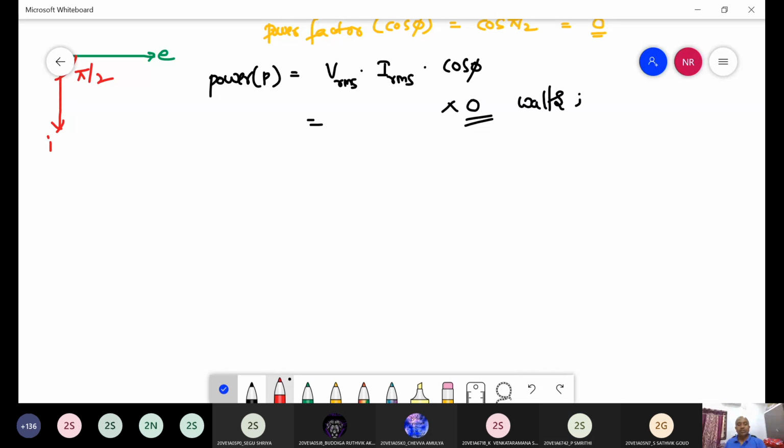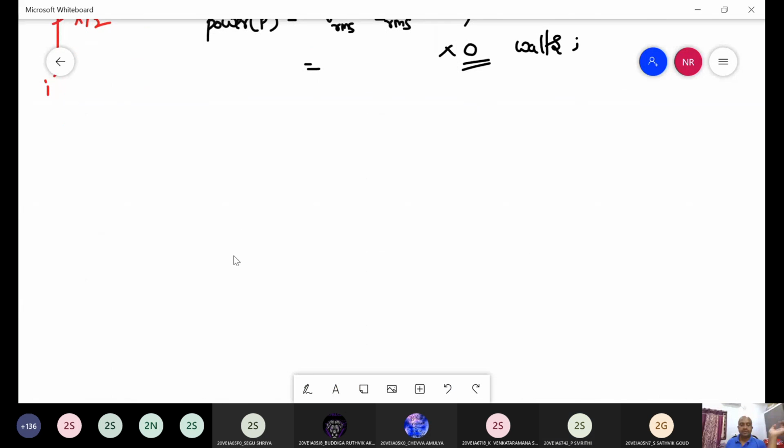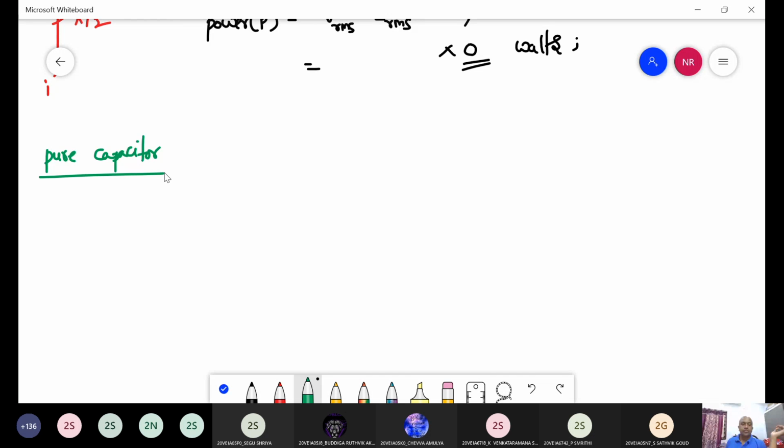So then next one is the pure capacitor. Yes. So in pure capacitor, what is happening? Look at the derivation, I will tell the main points. So here also, if you are giving supply voltage to the capacitor, E is equal to Em sin omega t.